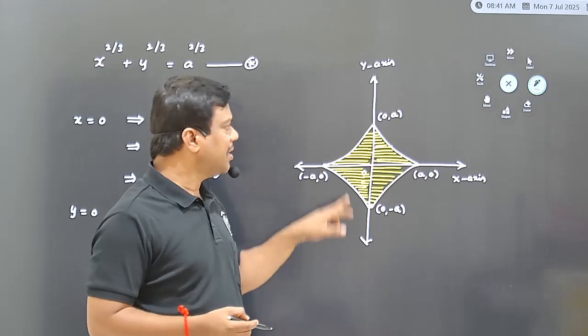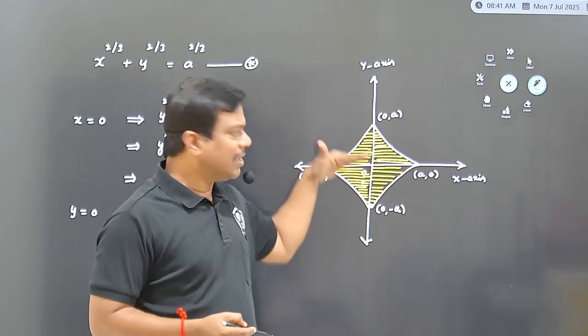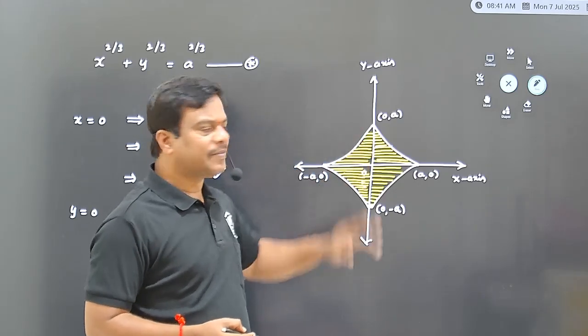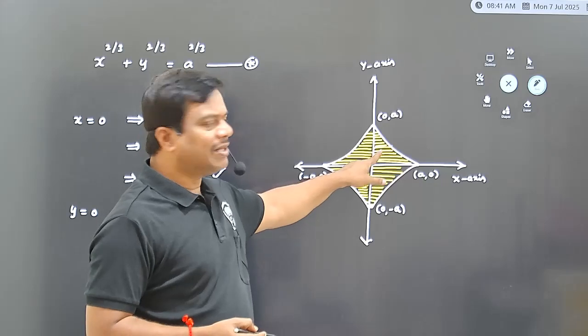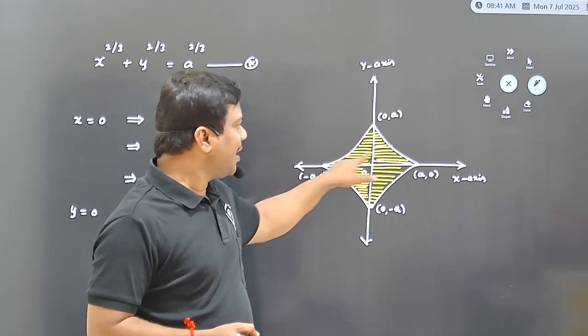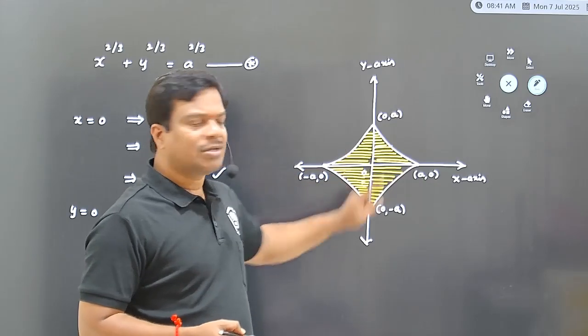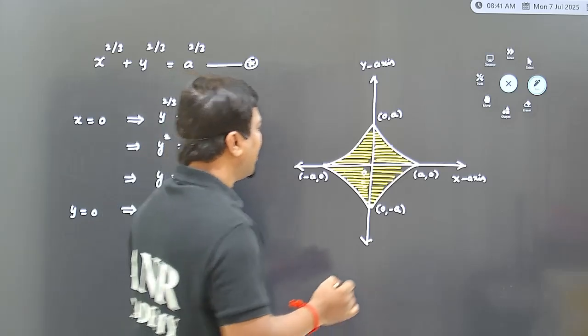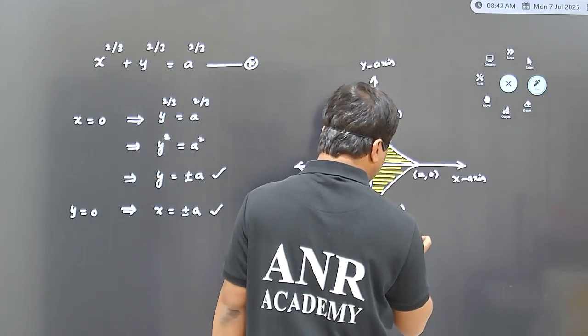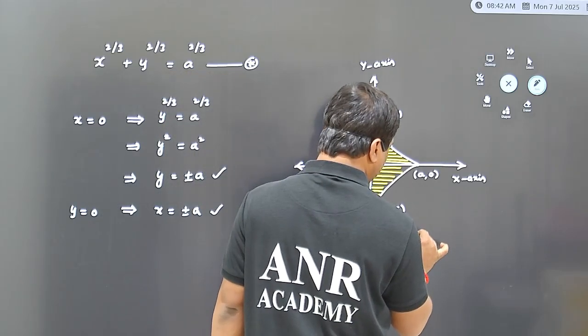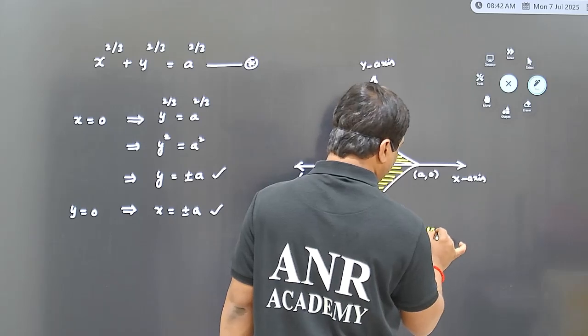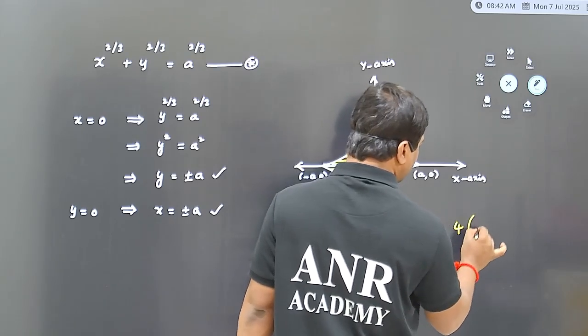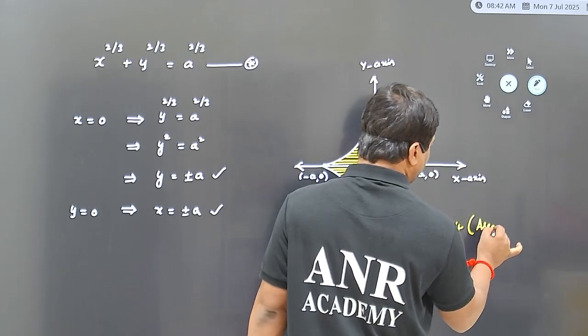Why? Because the graph is symmetric about the x-axis as well as the y-axis. Whatever area you have in the first quadrant, the same area you have in the second, third, and fourth, so the required area can be written as 4 times the shaded portion in the first quadrant.